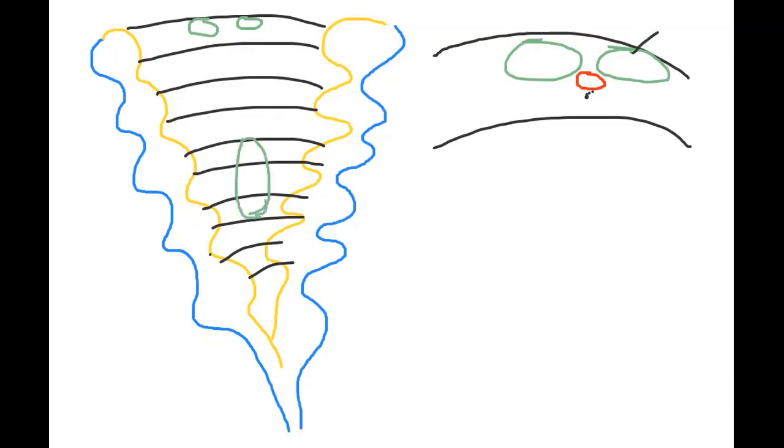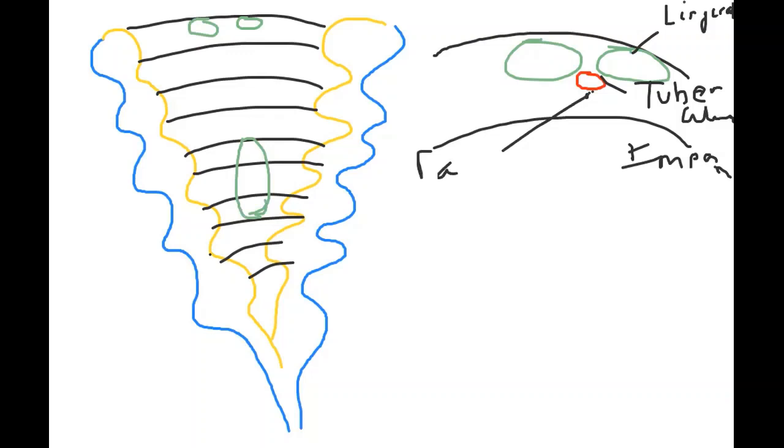So, lingual swelling, then you have the tuberculum impar, and here you have the foramen cecum. First, we'll talk about these contributions of the first arch.